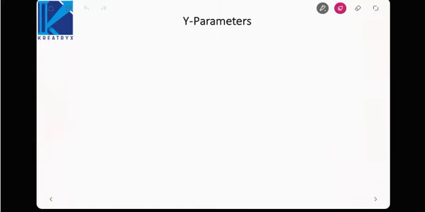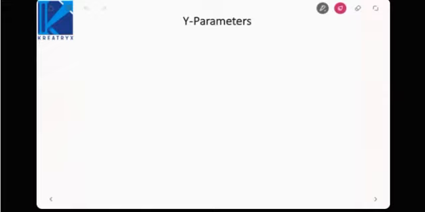Similarly, we define Y parameters. Basically, these are the inverse of Z parameters. They relate the current at both the ports to the voltages at the ports. That is, I1 can be expressed as a linear combination of V1 and V2. Similarly, I2 can also be expressed as a linear combination of V1 and V2. So, again by the superposition theorem, we will calculate I1 due to V1, then I1 due to V2, and we will add these components.